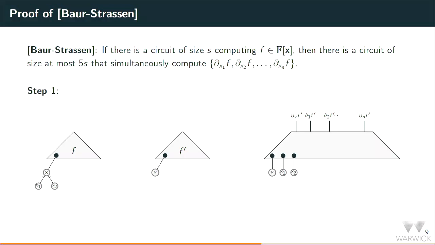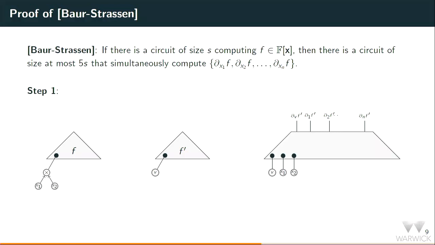You look at the first gate from the bottom, which has both children as leaves, and whether this is an addition or a multiplication gate, in both cases you replace this sub-circuit of just a product or sum with two leaves by a new vertex V.